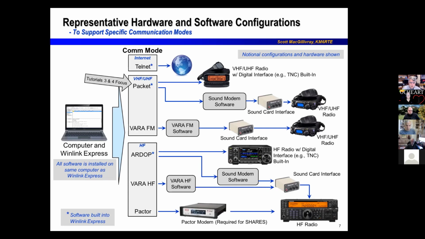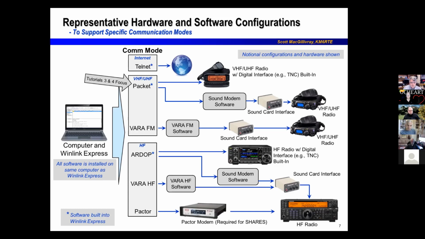It's generally supported by all gateways. So once you're able to use packet communication, you're pretty much good for most of your communication needs. And one of the nice things about packet is it's already built into the Winlink Express software, so you don't need to download or install any software to support packet communications.